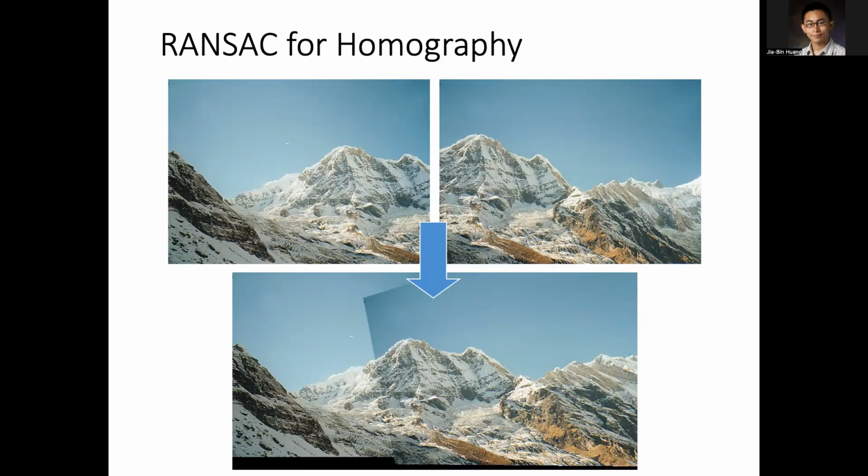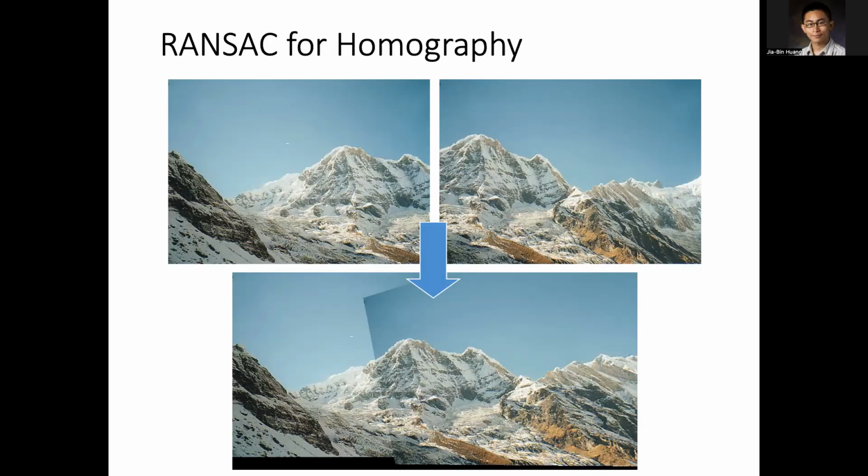And because you have some outliers, that is a big issue. If you use 4 points, they give you more possibility that the points you sample are all inliers.